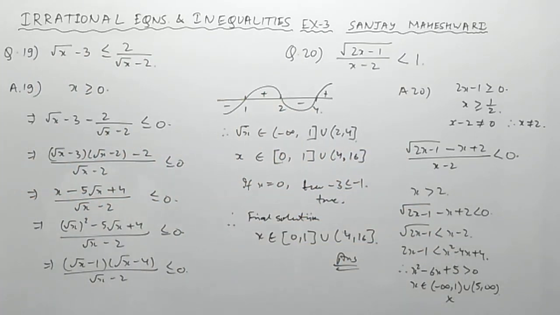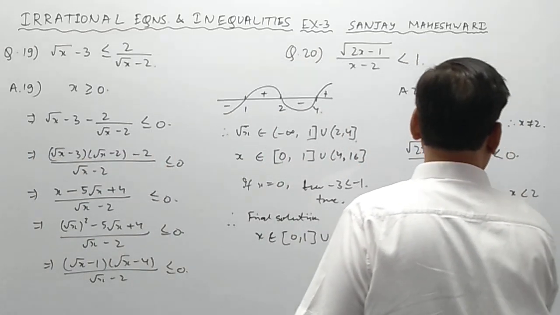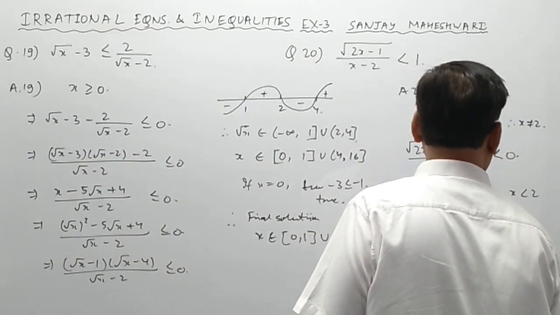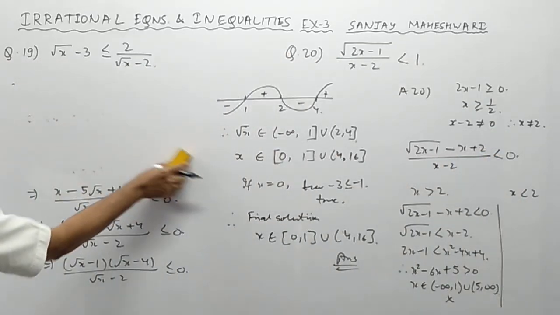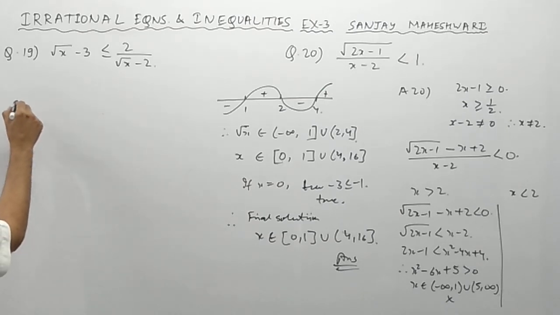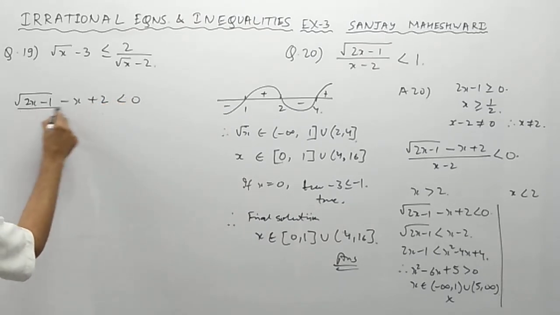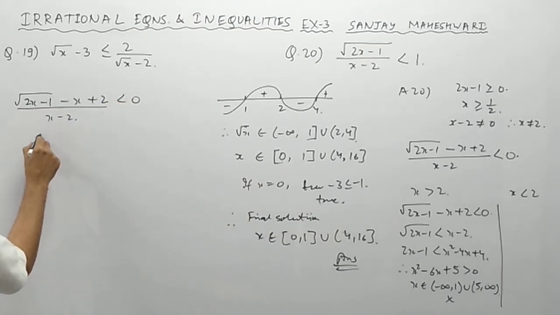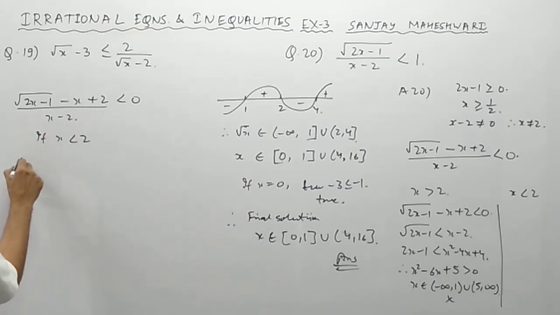Now what will happen if x is less than 2? If x is less than 2, the denominator is a negative quantity, so there will be a sign change.